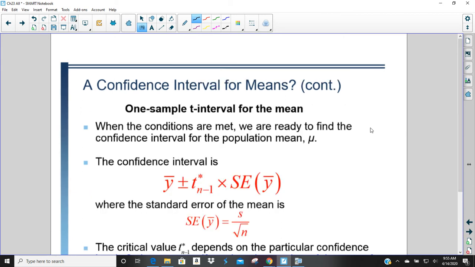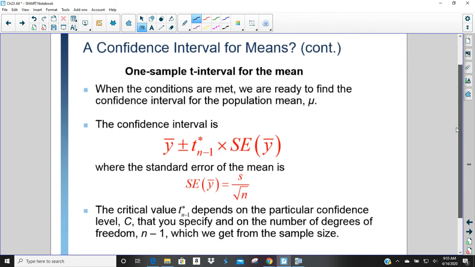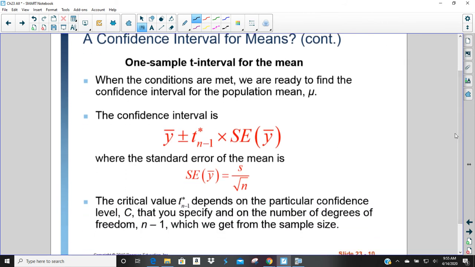All right. So we just looked at finding the t-score. What does a one sample t interval look like? It looks just like the confidence interval we did for proportions. So let's talk about this here for a minute. We have here our sample, this is going to be the sample average.